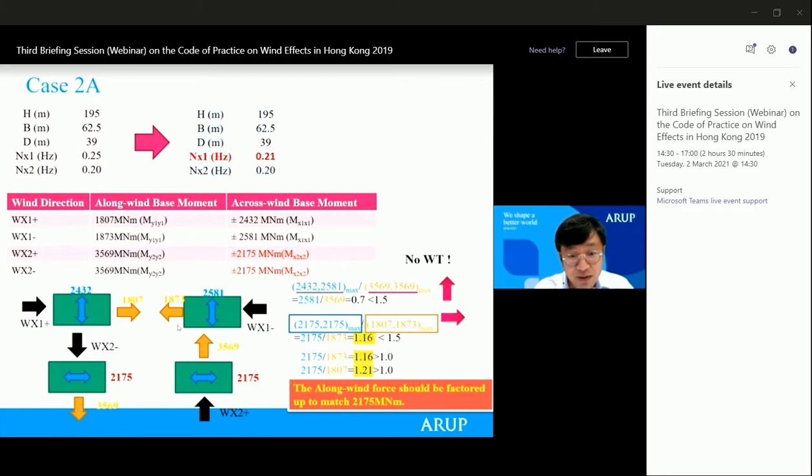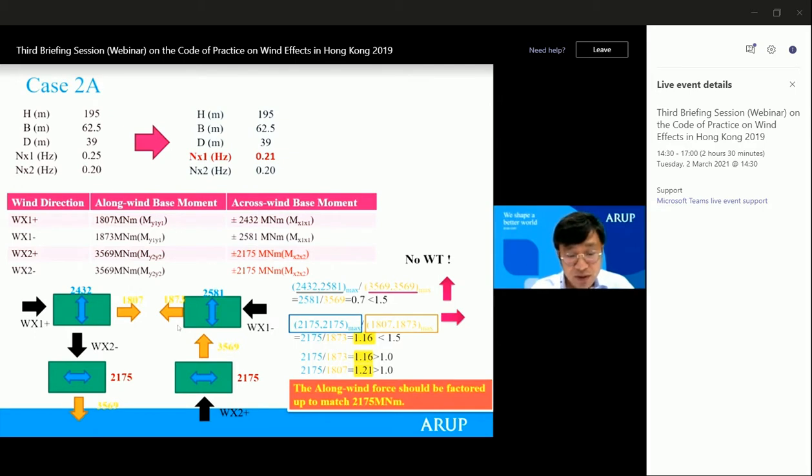However, be careful here. Do we need to do any scale up? Yes, because for this direction, the original along wind base moment 1837 is smaller than the crosswind base moment 2175. So it needs to be scaled up. The scaling up factor is about 1.16.